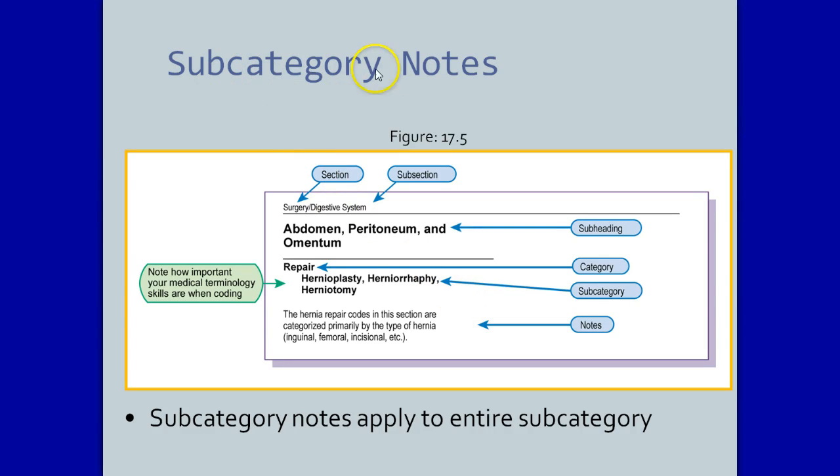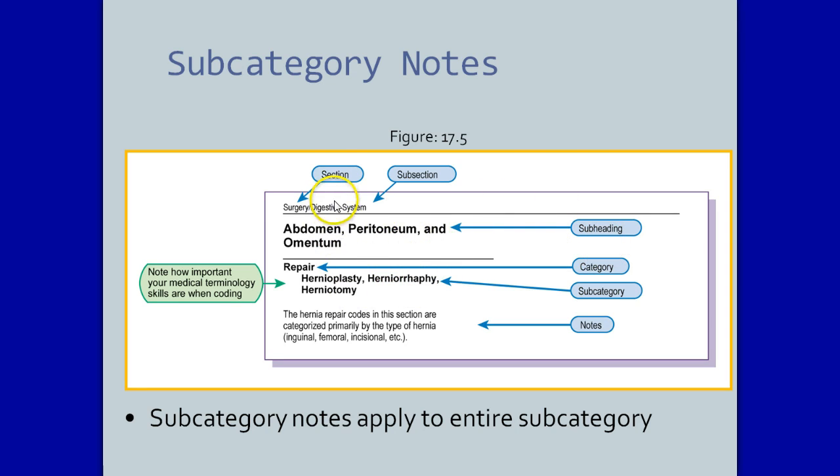Now we have a subcategory. Here's some information about the subcategory. Remember, your section is surgery. In this particular example, the slash is digestive system, which is the subsection. So the web page is surgery, slash, digestive system.